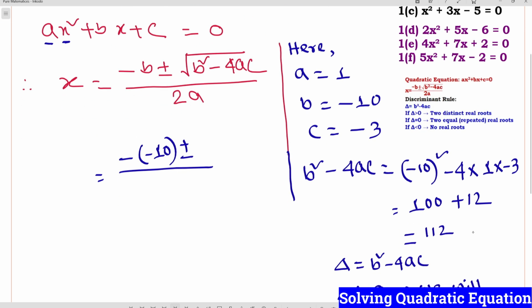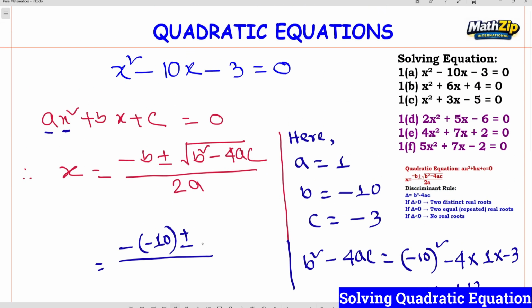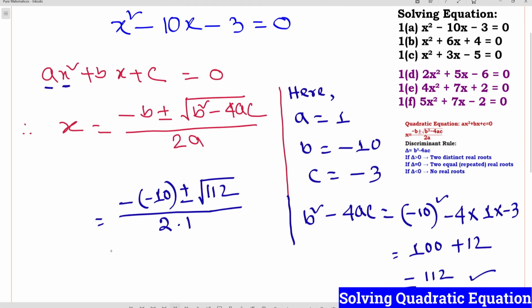We already have that value, which is 112. So root over 112, and here is 2 times 1. So minus and minus becomes plus, so 10 plus minus root over 112.